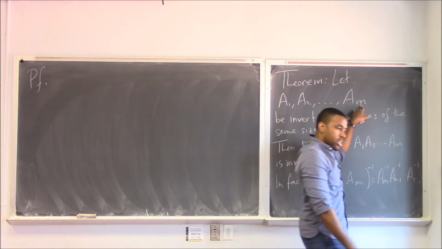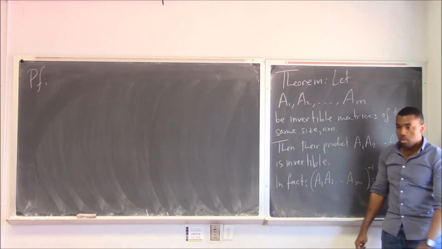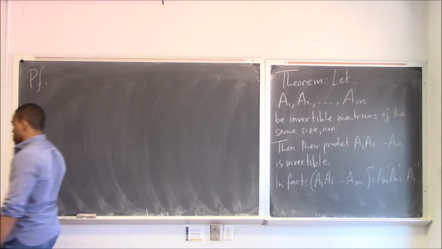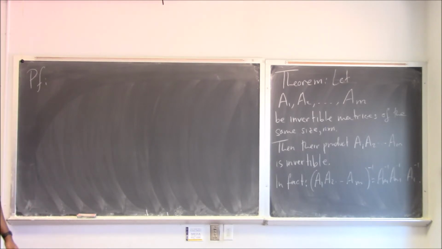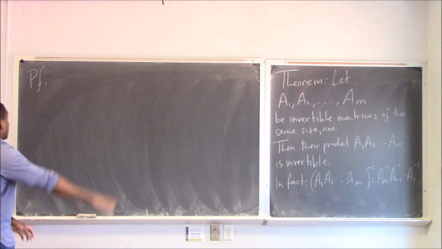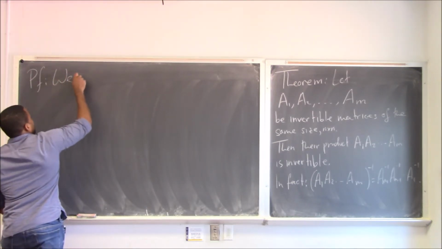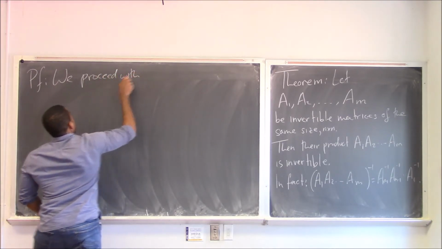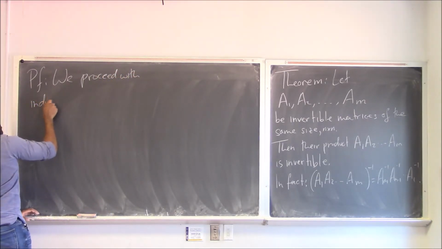It can be any finite positive integer. And if I want to prove a statement that's true for any finite positive integer, induction is usually a nice way to go about it. So I'm going to proceed with induction on m.